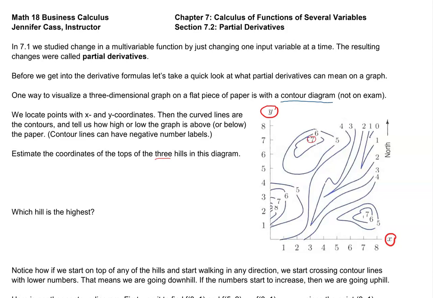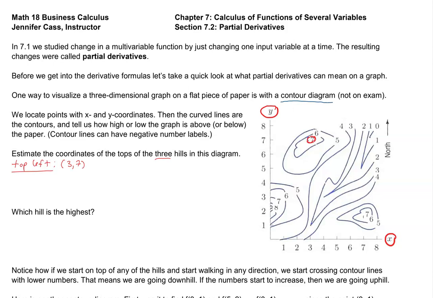If I want to estimate the coordinates of that highest point, I'll label that the top left hill. The top left hill, my x coordinate, I don't know, maybe about 3, and the y coordinate about 7. It's not a precise thing when we're working on a graph, of course. So there would be one hilltop.